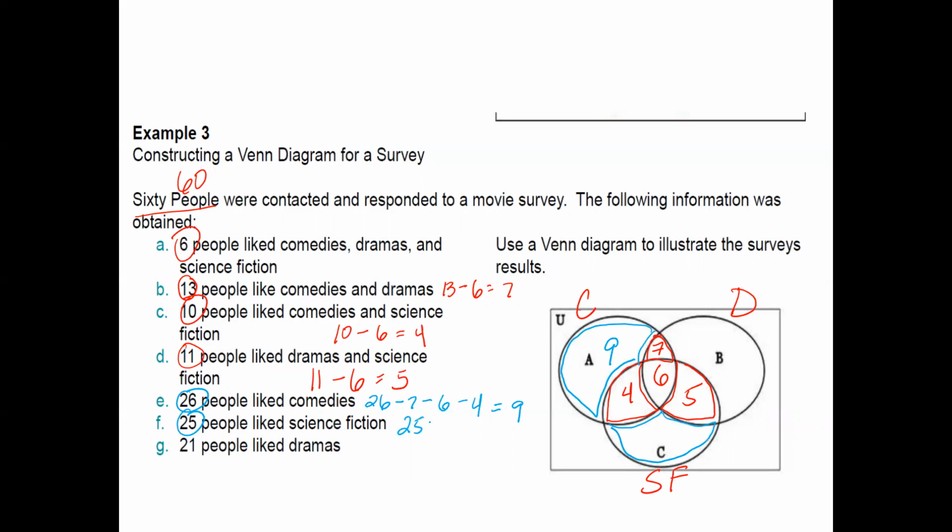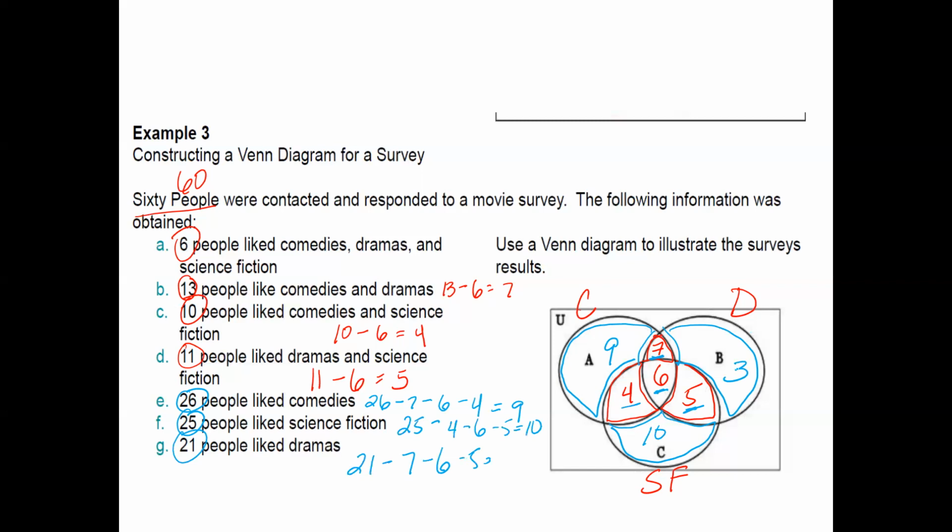So I'm going to take my 25 minus, look at the overlapping area, that's part of science fiction. So minus a 4, minus a 6, minus a 5, and that is going to give you a 10. And lastly, 21 people like drama, which is going to be the last part of drama, which is right there. So you're going to take 21 minus the overlapping of 7, 6, and 5. So minus a 7, minus a 6, minus a 5, and that is going to give you a 3.